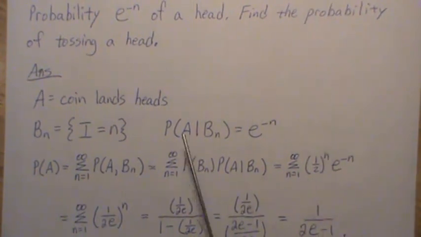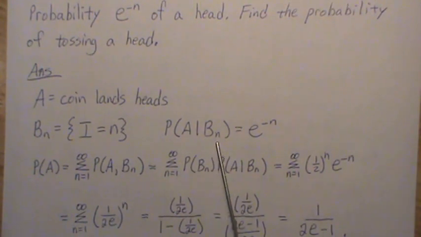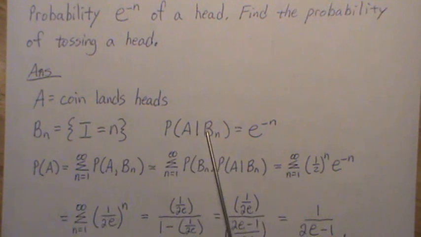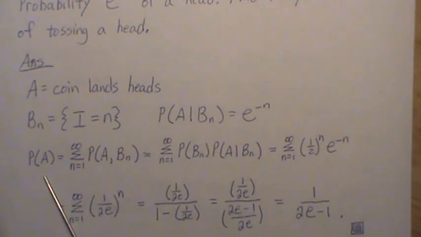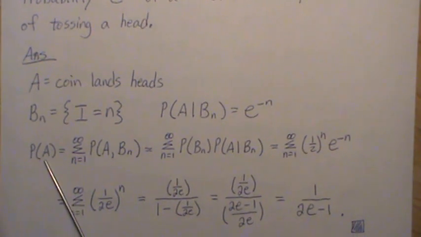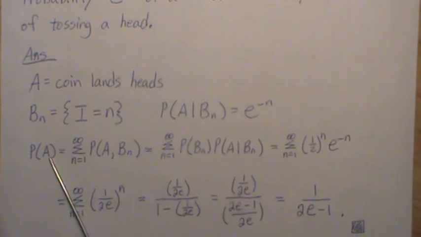And what we stated up here, the probability of A given Bn, so that means that we know the number that I takes. So the probability of a head is e to the minus n. But that's not what we want to know. We want to know the unconditional probability of observing a head, the coin lands heads.